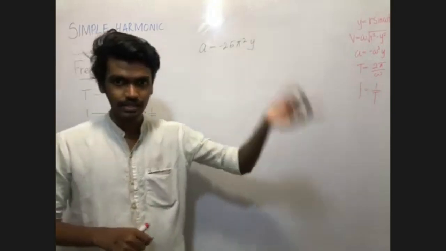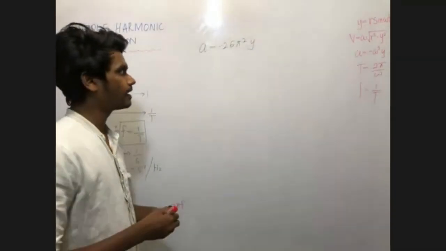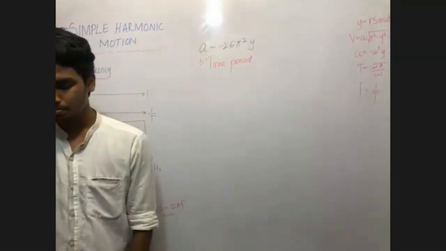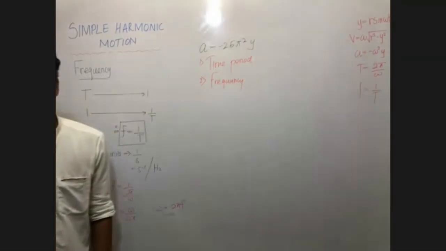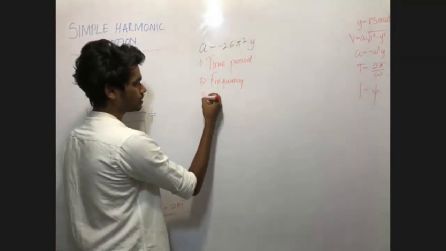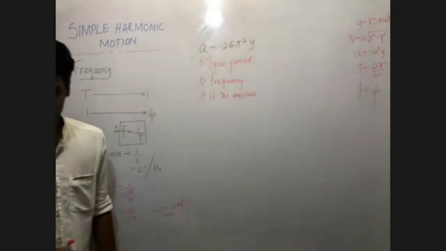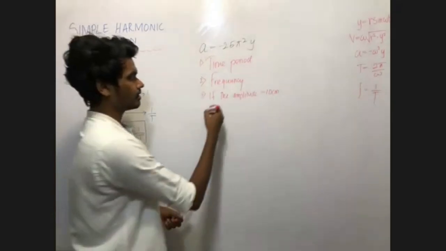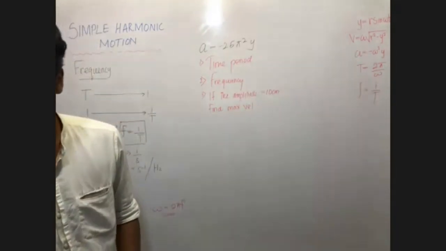Find: first, the time period; second, the frequency; third, if the amplitude equals 10 centimeters, find the maximum velocity.